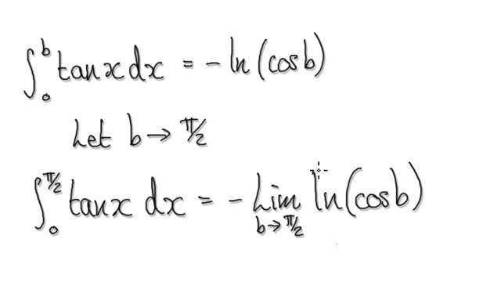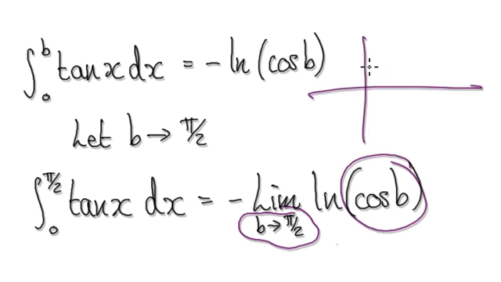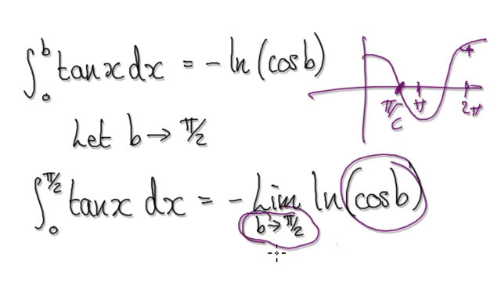Okay, so now if you look at this here, as b heads towards pi over 2, cos of b, well, the cos graph looks like this. This here is 2 pi, this here is pi, this here is pi over 2. So as b heads towards pi over 2, this thing here is heading towards 0.